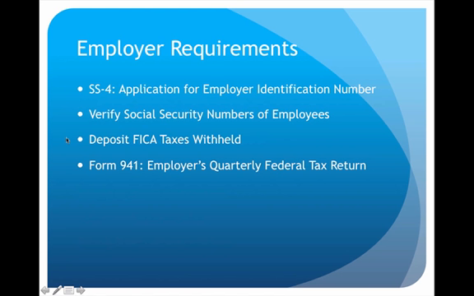Another responsibility of the employer is all these taxes that we calculated in those previous examples, they eventually have to be sent and deposited with the Social Security Administration. So that's a requirement. And also from time to time, every quarter, we must fill out a Form 941, which is the employer's quarterly federal tax return. And that is a requirement according to the FICA law and a requirement for the Social Security Administration.